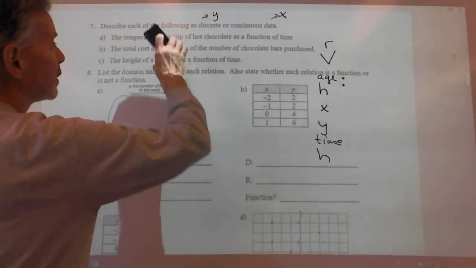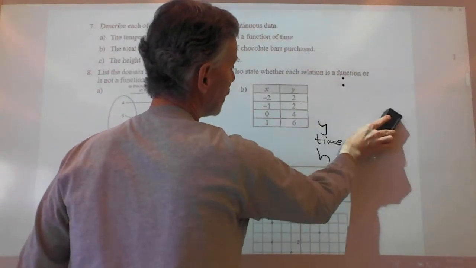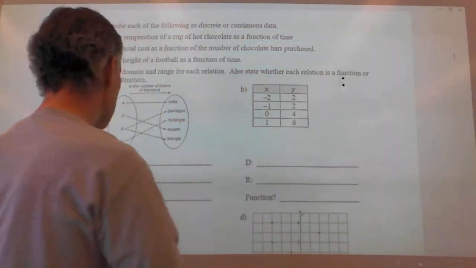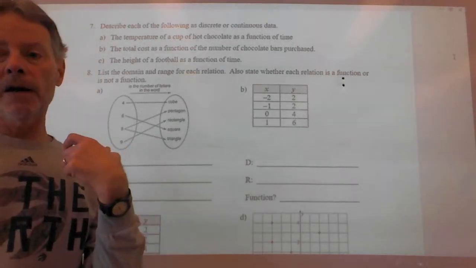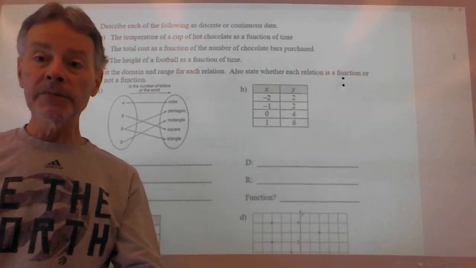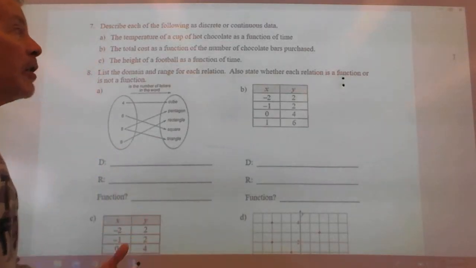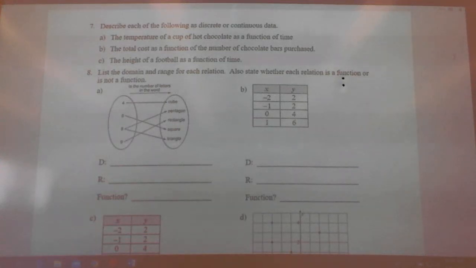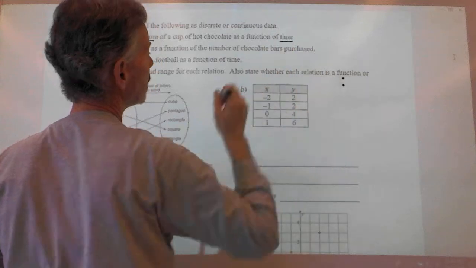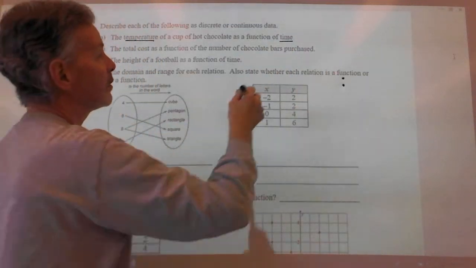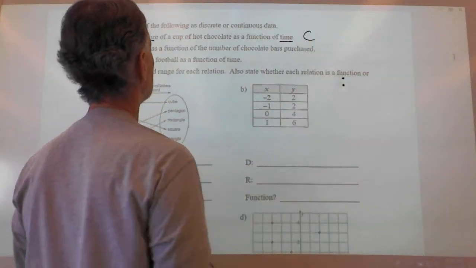Discrete and continuous. Again, remember, if it's a measurement, we generally say it's continuous. If it's an object as opposed to a measurement, usually discrete. So here we have temperature and time. Both are measurable values. That's continuous.